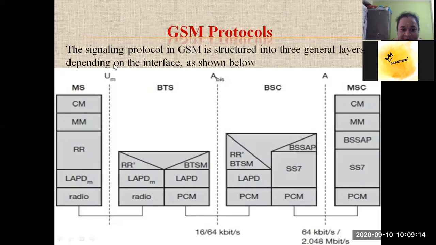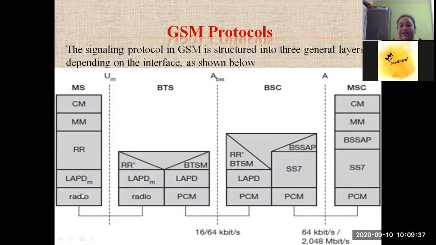After connecting with this radio interface, it communicates with the radio channels, selecting the frequency, deciding the carrier frequency, and multiplexing with the different connecting points. All of this is done at this physical level.